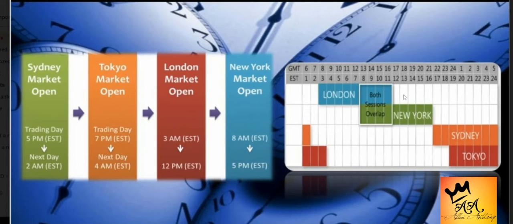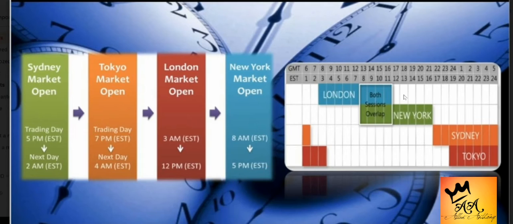As you see here, the London and the New York session basically overlap at a certain point. The overlap on the London and the New York session is between the hours of 8 a.m. to 11 a.m. Eastern Standard Time, right? If you see just above the chart there, you would see between 8 to 11.